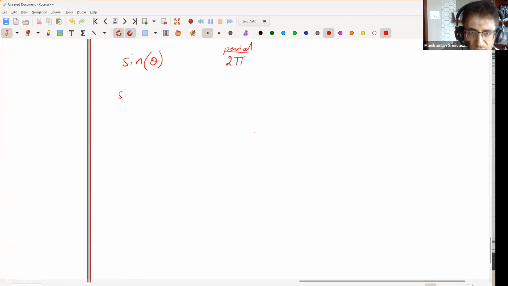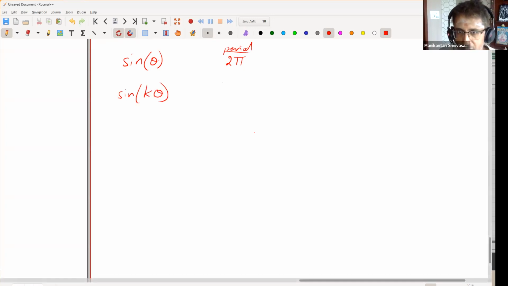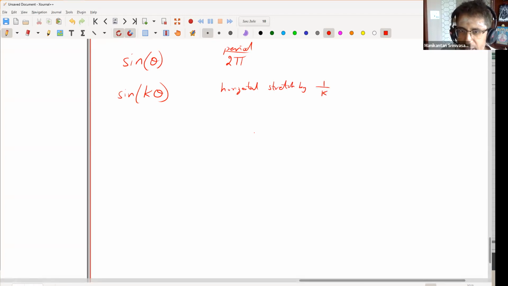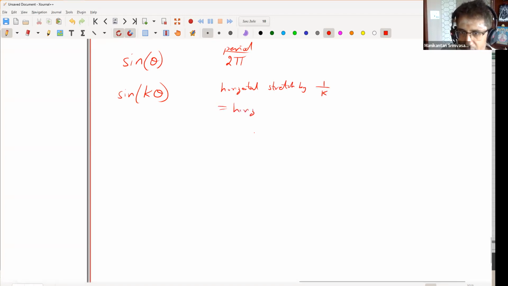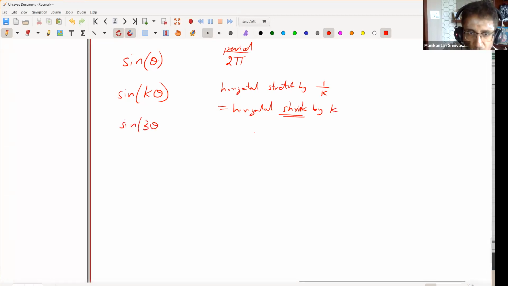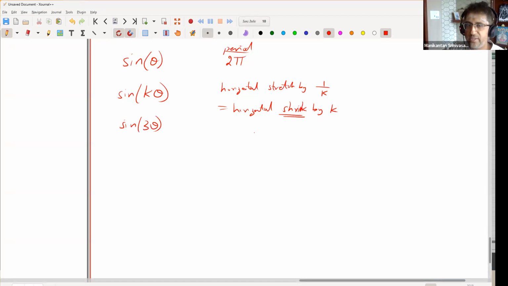So if I do sine of k times theta, then it's a horizontal shrink by k. For example, sine of 3 theta is going to be a compressed version of sine of theta.